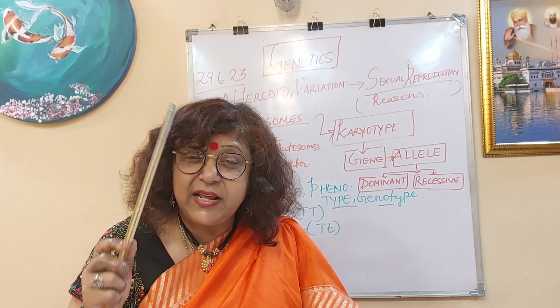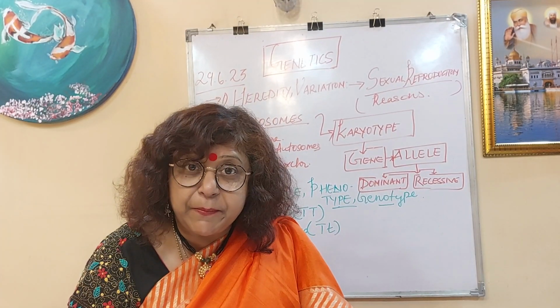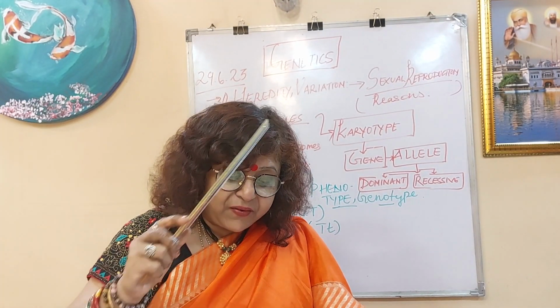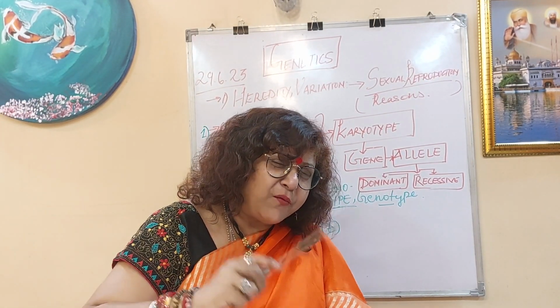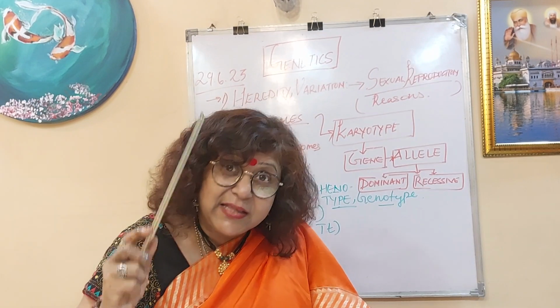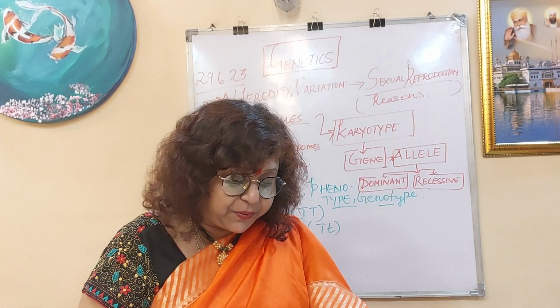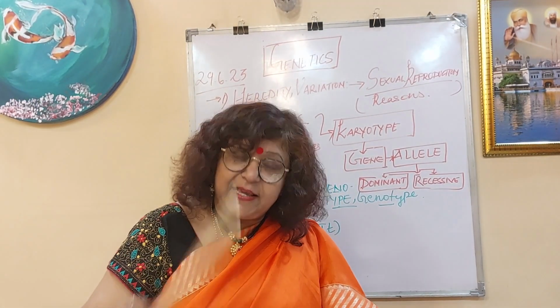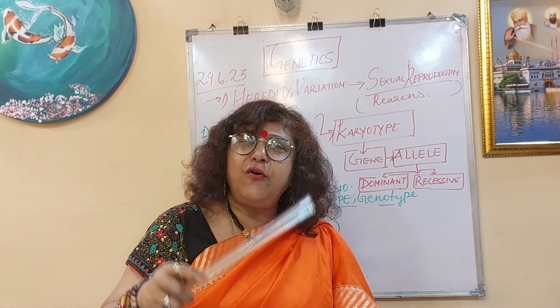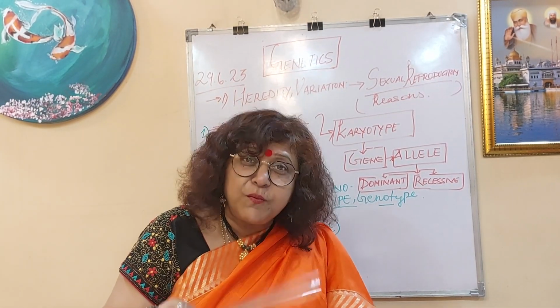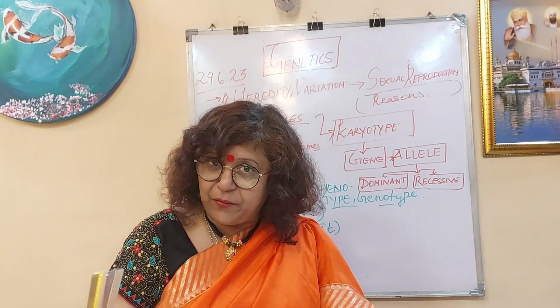This variation is more in the case of sexual reproduction than in asexual reproduction. Another important question: why is it more in sexual as compared to asexual? The answer for this, if you read the book, I give you 4 points here. First, the chromosomes separate during gamete formation.